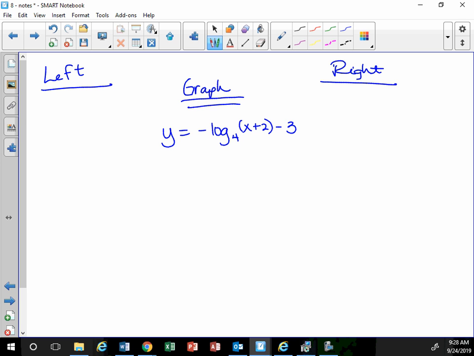Remember, the base is 4 now, guys. The base is not 2. Okay?